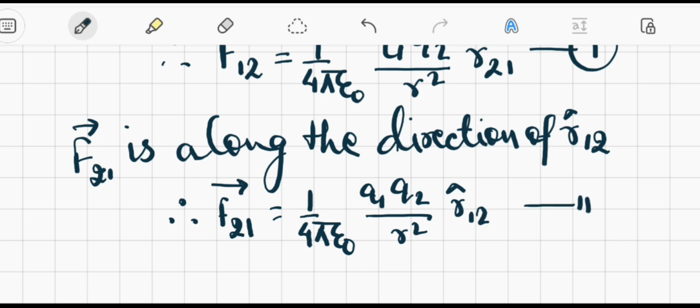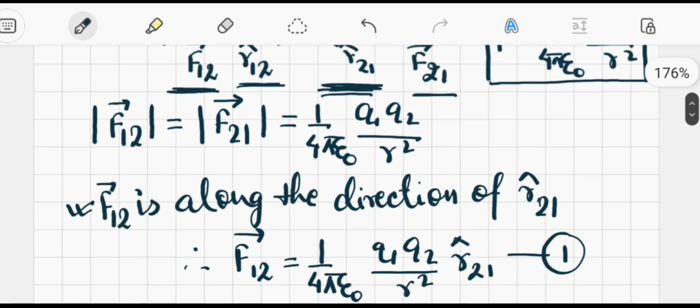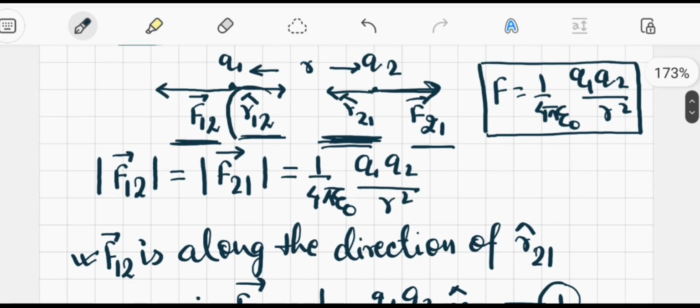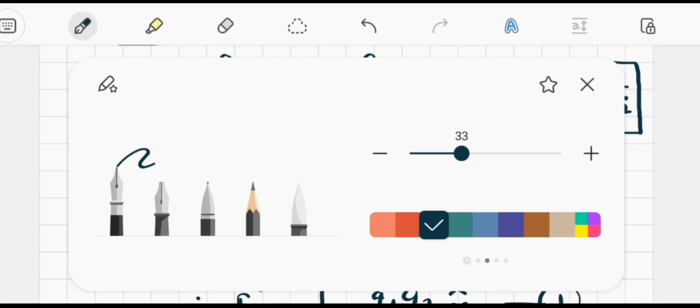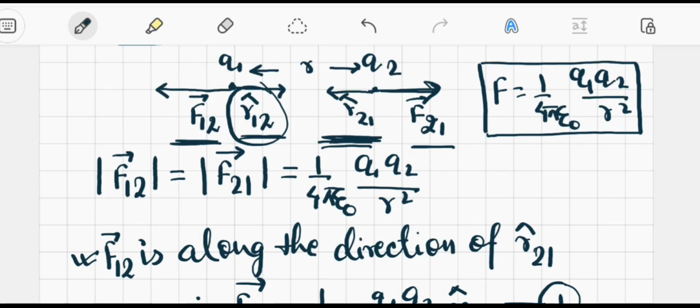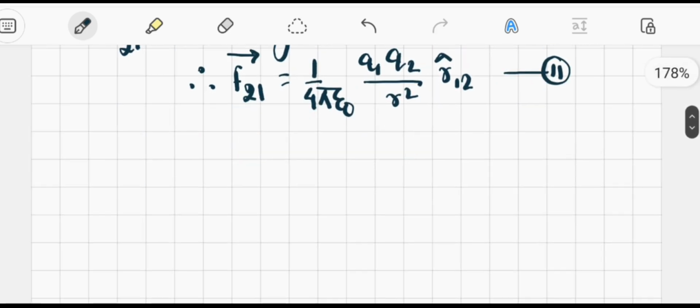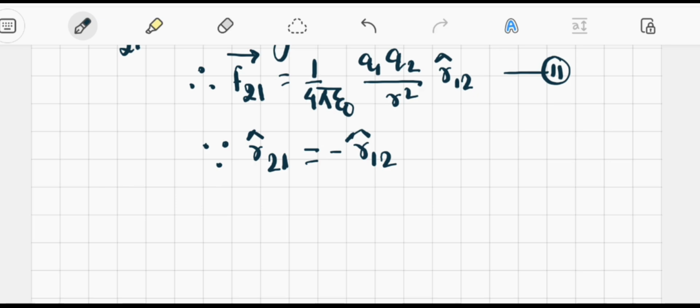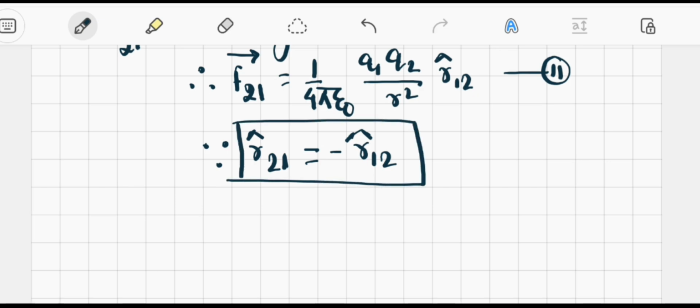Now students, we can see from the figure that R cap 1 2 and R cap 2 1 are both oppositely directed, so R cap 2 1 is equal to minus R cap 1 2. Why the negative sign over here? The negative sign indicates the opposite direction of both the distances.